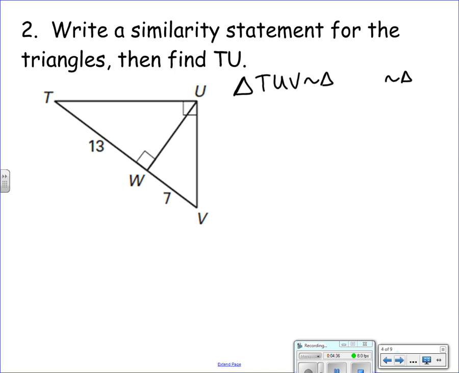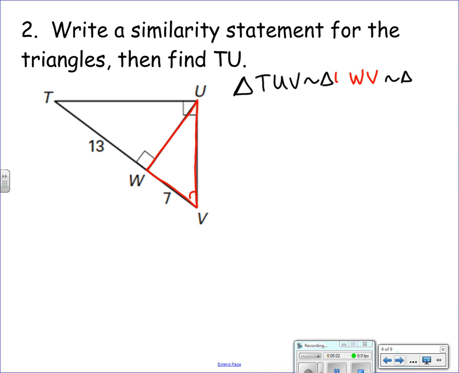So the big triangle is similar to this smaller one. Remember, the order matters. V is equal to itself, and that's our last letter, so that's V. The right angle is U, the right angle in the big triangle. The right angle in the smaller one is W, so that is the middle one.